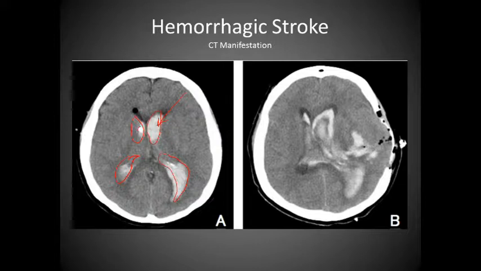And notice we can really distinguish what blood looks like, because here's what a calcification looks like. It's bright white. Calcifications are going to be the same density usually as bone. So it's very hard to distinguish bone from calcifications, but it's very easy to distinguish bone from blood. Blood doesn't have the density level that bone does. So in A, we would say that this is probably an initial scan for a hemorrhagic stroke.